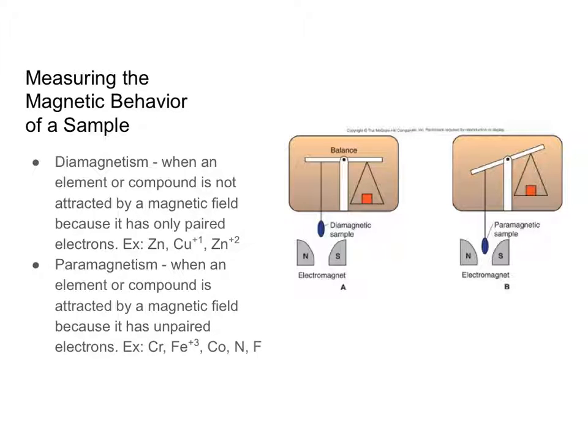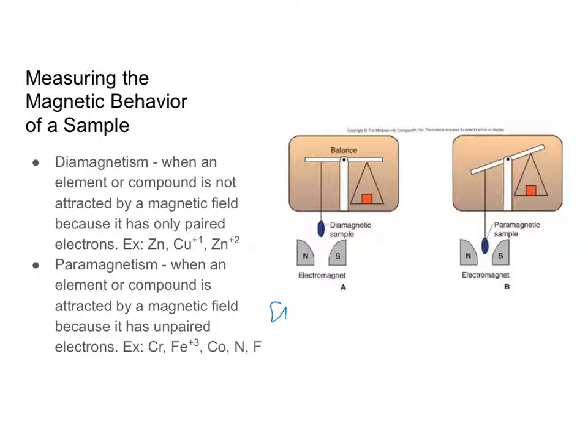Which brings me to something we call diamagnetism and paramagnetism. With diamagnetism, a sample of an element or a compound is put into a magnetic field, and it doesn't do anything. It doesn't get pulled to one side or the other, because all of its electrons are already paired up. For example, zinc. Zinc has 30 electrons. The noble gas directly in front of zinc is argon.